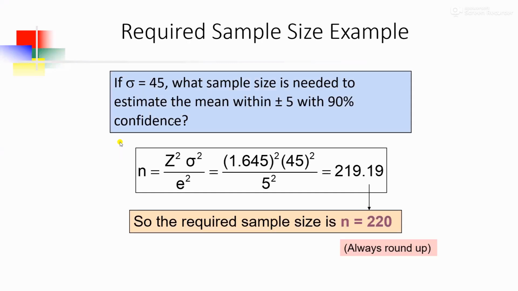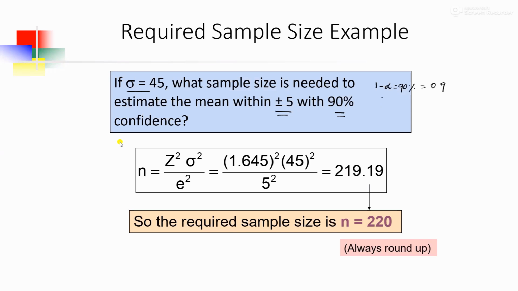So now, a very simple example. If sigma is equal to 45, that is, the population standard deviation is 45, what sample size is needed to estimate the mean within plus or minus 5, with 90% confidence? Now, what do we need? 1 minus alpha is 90%, that is 0.9.